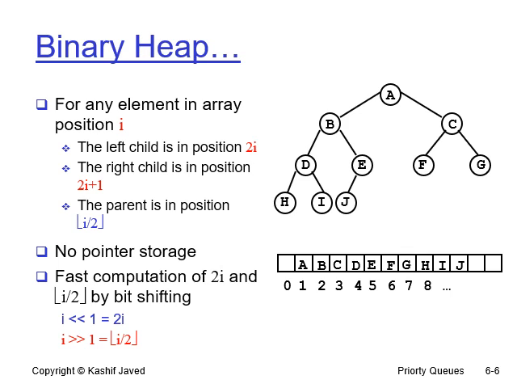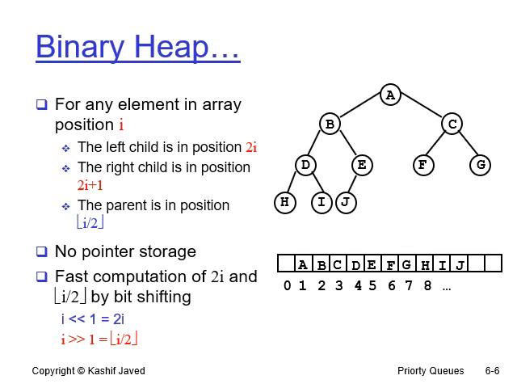So for example, if i is 2, at location number 2 in the array, we find node B. If you want to find the left child of B, it will be located at 2 times i, where i is equal to 2, and this gives you the value 4.